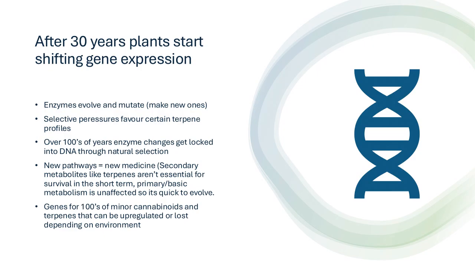So it takes time for enzymes to evolve and mutate. Obviously, selection pressures favour certain terpene profiles. Over hundreds of years, enzyme changes get locked into DNA through natural selection.